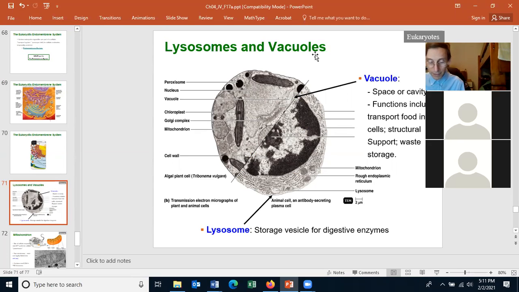And I'm not sure of this, but I think all vacuoles initially start life as a vesicle. And don't quote me on that because I'm not 100% certain that's right, but it certainly is right for the majority of vacuoles.